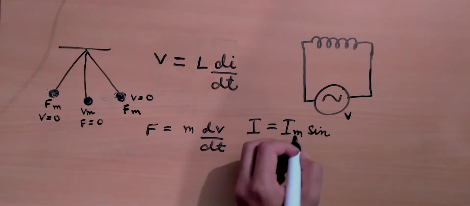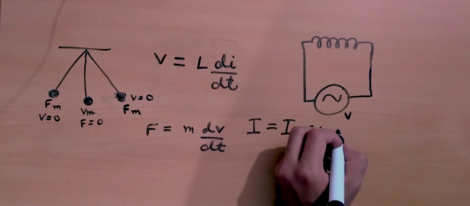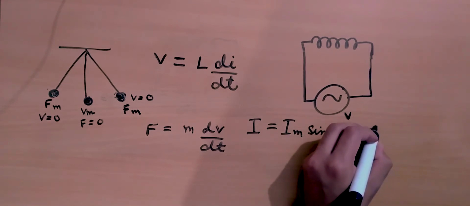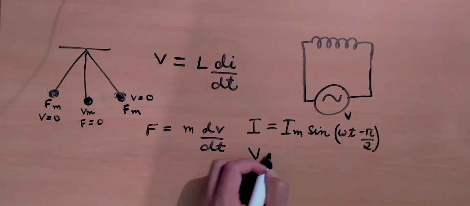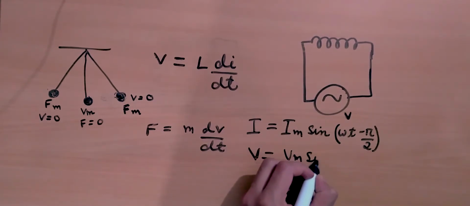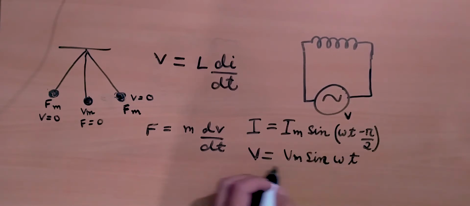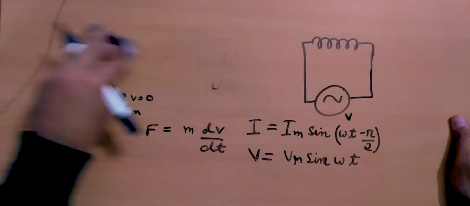This maximum current is nothing but Vm upon omega L, so I equals Im sin(omega t minus pi by 2), and the source voltage would obviously be Vm sin(omega t), that is simple normal AC voltage. And if I try to plot these two, I hope I have some space here. I'll remove this to create some space.